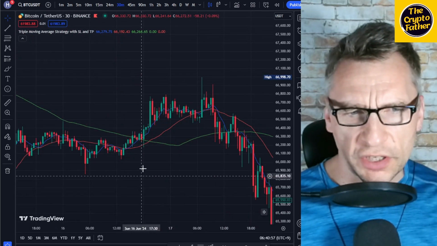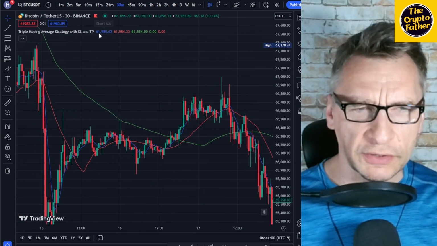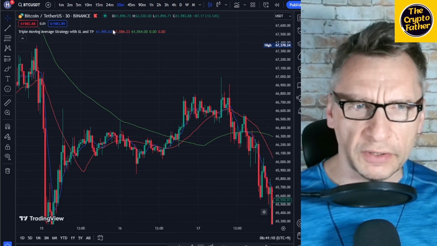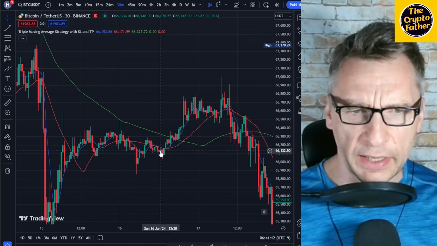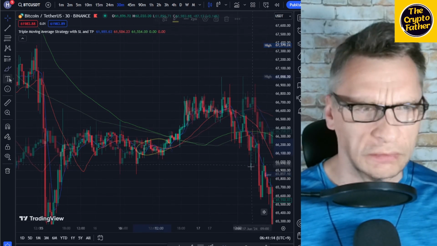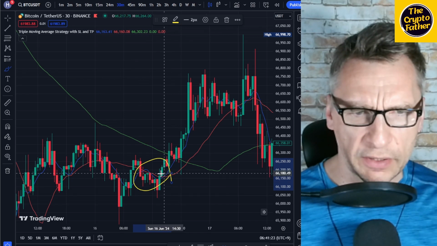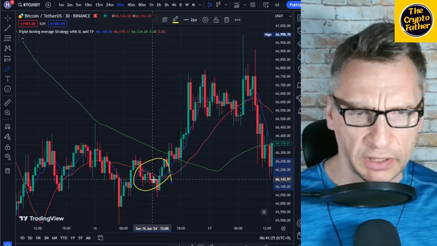The trading strategy here is that whenever the blue line, so this is the 7 moving average, crosses above the 25 moving average, the red line, like right here, then you should be longing. So over here, we've got a good example. It crossed here and then went down again here.